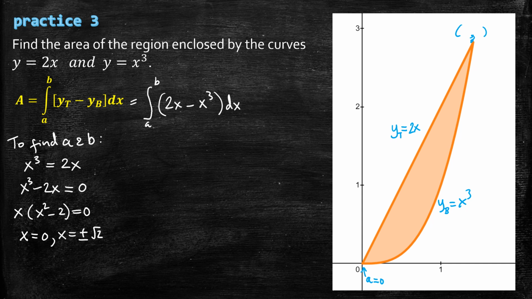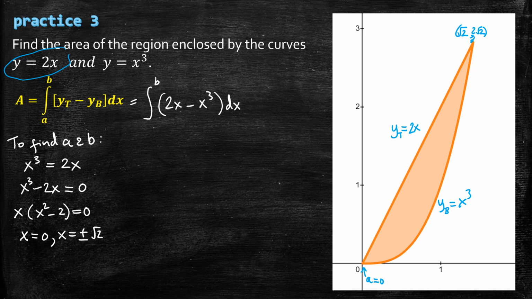Now notice we don't need the negative radical 2 because we're in the first quadrant, so we will put positive radical 2 there. And although we don't need the y value, we could just take y equals 2x, multiply radical 2 by 2, and get that the y coordinate is 2 radical 2. So now we can proceed.